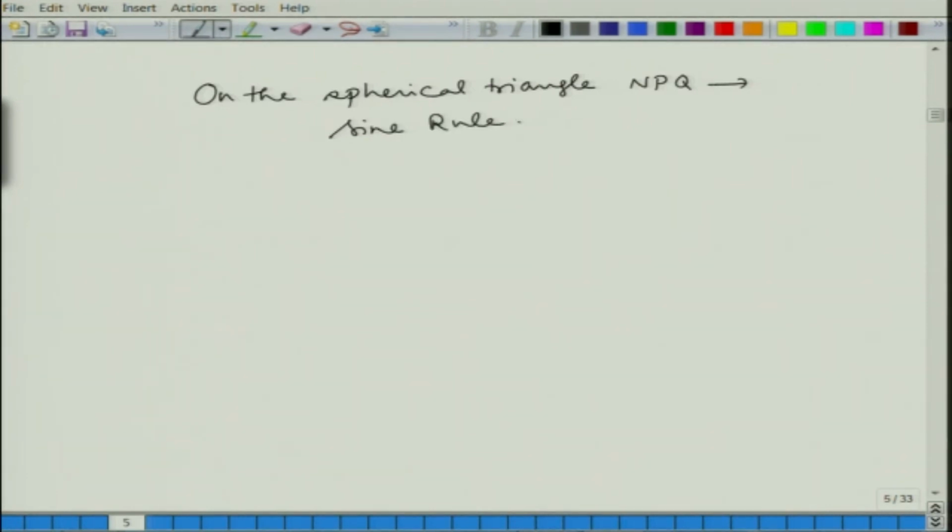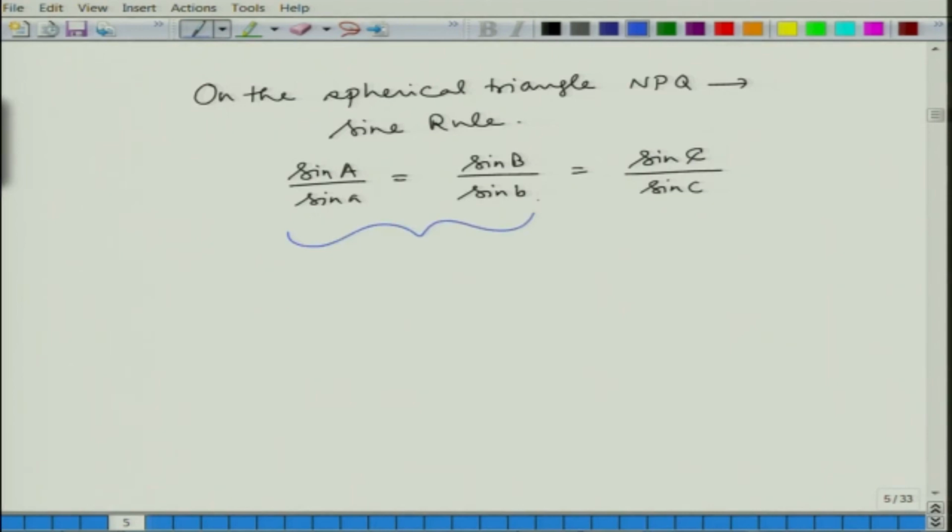Okay. And the sine rule, you can remember, will be sin A by sin small a, sin capital B by sin small b, and sin capital C by sin small c, right. So, either of those pairs gives you an equation. Either this one or that one, or between these two terms.